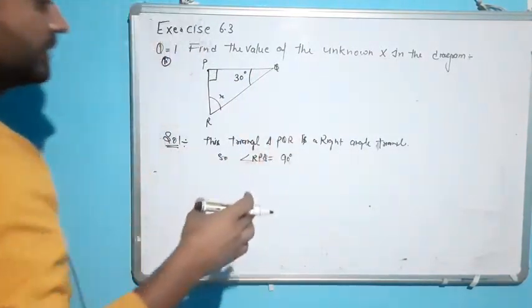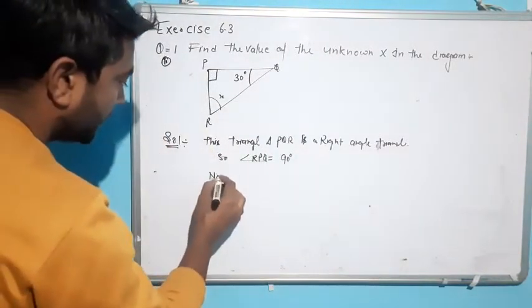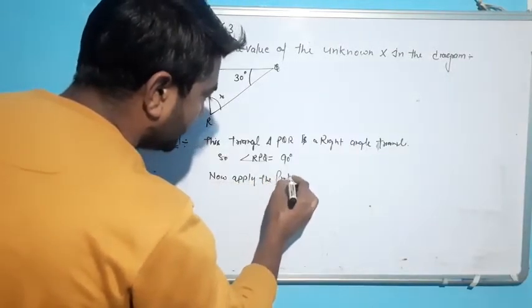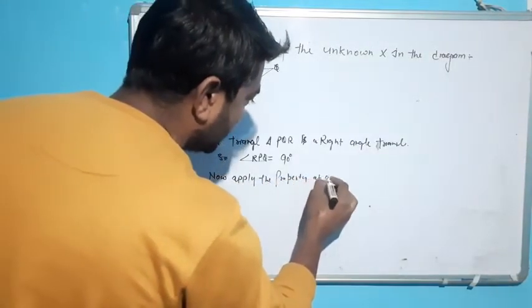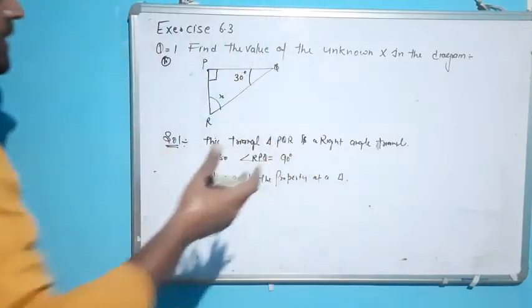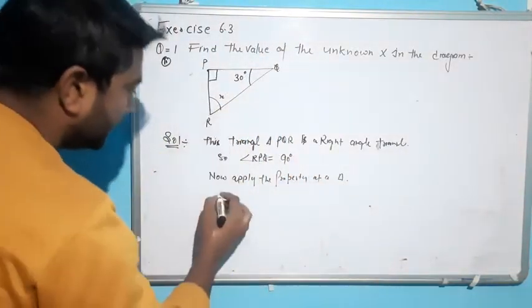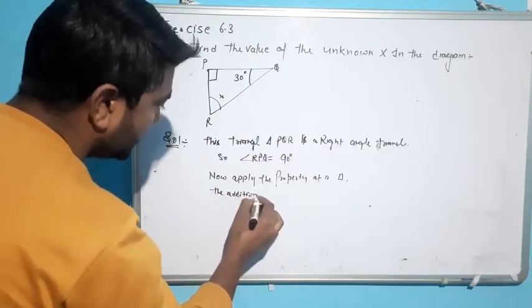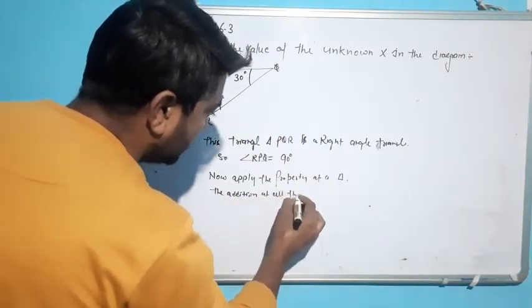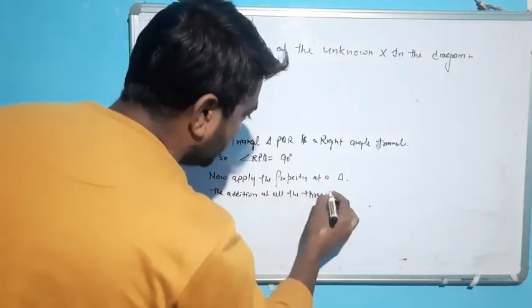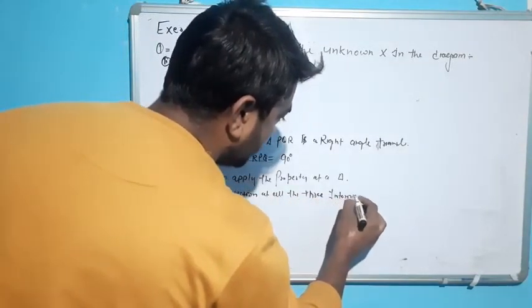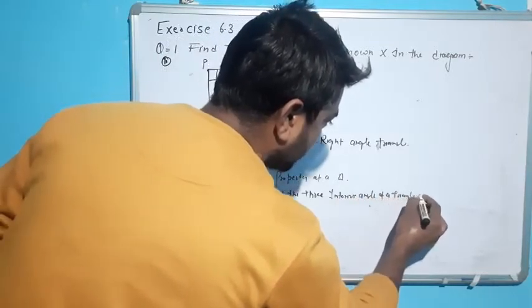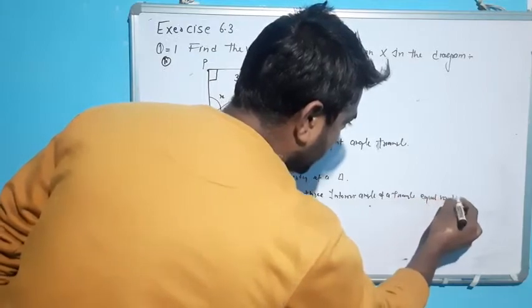Now we apply that property, the property of a triangle. And what is the property of a triangle? The addition of all the 3 interior angles of a triangle equals to 180 degree.